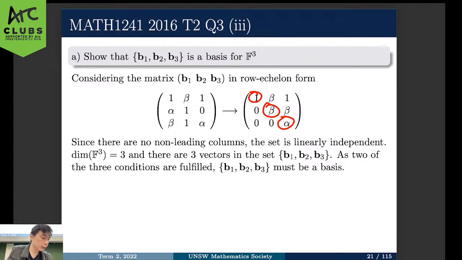And we also know that from this 3 right here, the vector space has a dimension of 3, since there are three vectors in the set and three dimensions in F3, as well as it being linearly independent, two of the three conditions are fulfilled. So b1, b2, and b3 must be a basis.